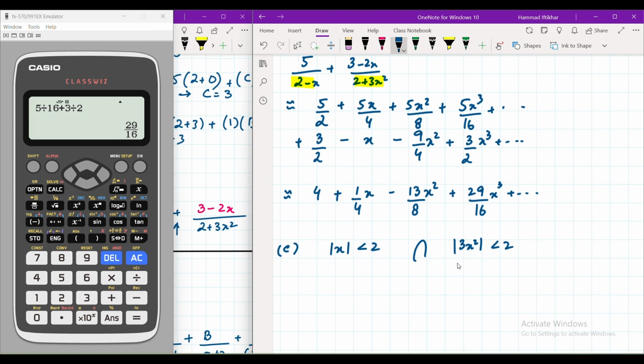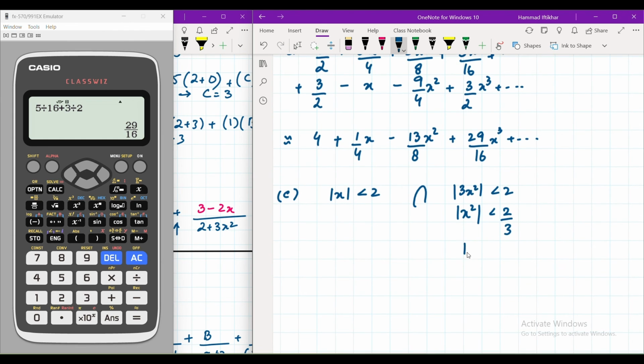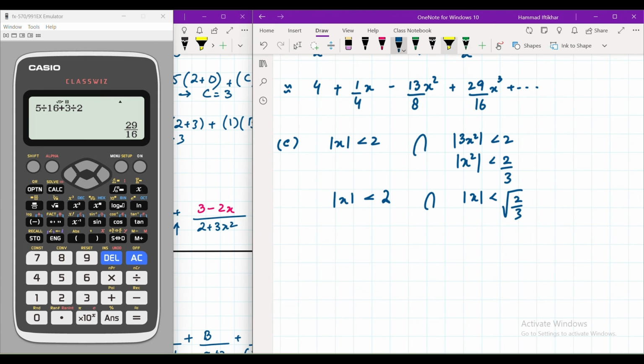So 3 goes on the other side. And when we take the square root, it simply becomes square root of 2 over 3. And when we consider that we are taking the intersection with mod x less than 2, this would be the intersecting part. So the final answer would be mod of x less than root 2 over 3. And that's our final answer in the exact form.